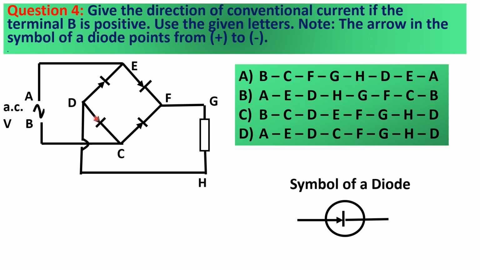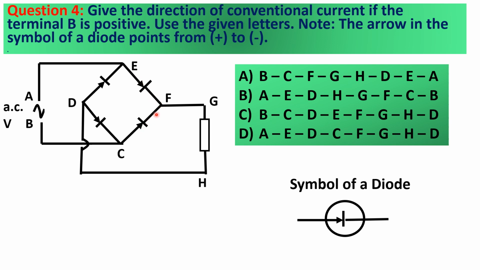As we point out here, this is positive, that's negative. So no way for the conventional current to go the opposite way. Instead, from point C, it goes here because this is in forward bias. Again, it cannot pass through that diode because it is in reverse bias.